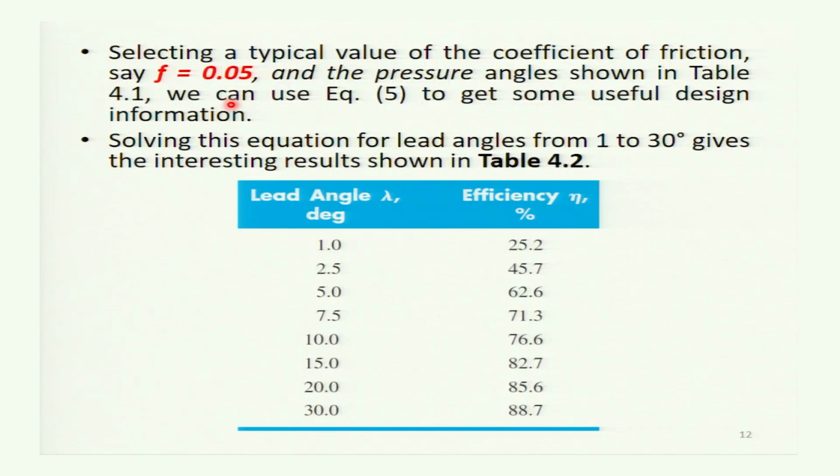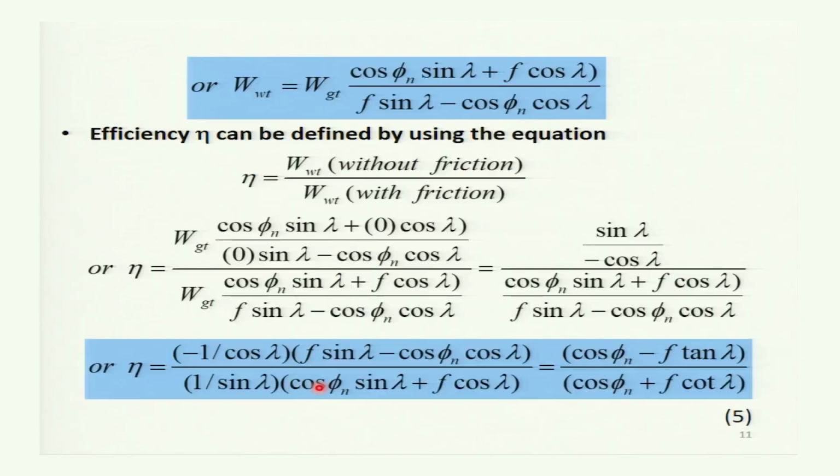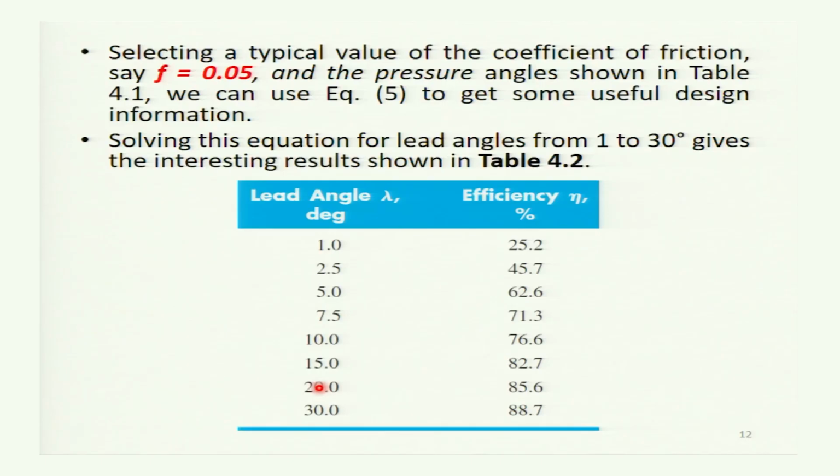Taking a fixed value of coefficient of friction and varying the lead angle in the equation of efficiency, we get a very important result, and that gives us how the efficiency varies with the change in lead angle with a fixed coefficient of friction. So, with the increase in lead angle, the efficiency increases.